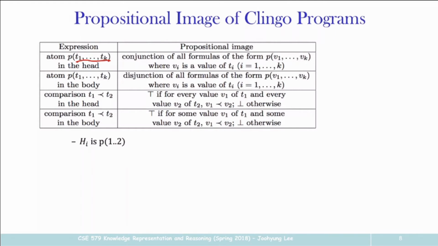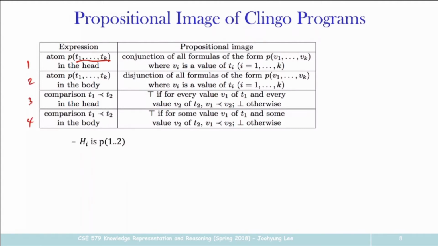So let's just do the exercise here. Here, HI means that this is one of the head atoms, okay? The atoms that occur in the head. Now, this is P of 1 dot dot 2, okay? So let's call the cases 1, 2, 3, 4, okay? Which case does it correspond to?